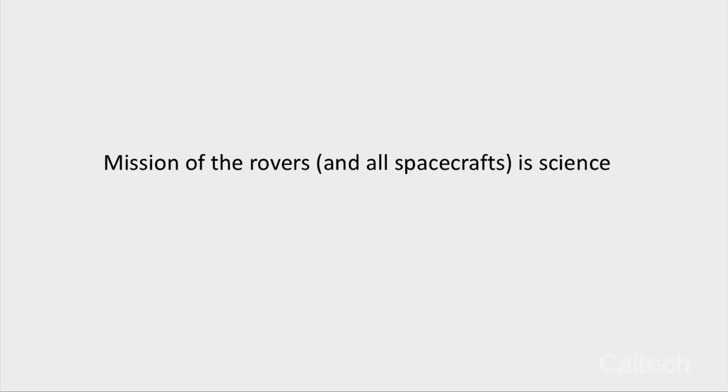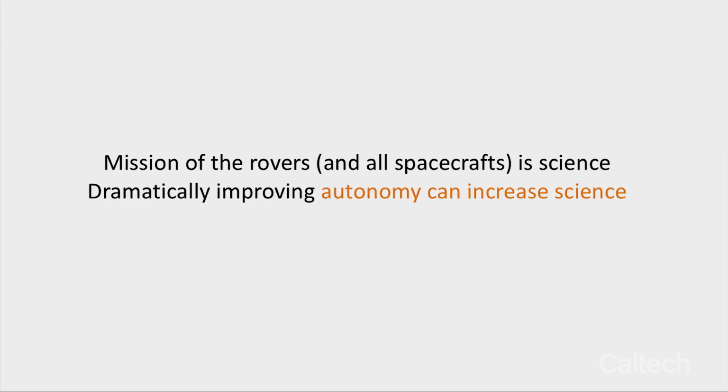So these are some of the reasons why there is a renewed interest in space autonomy. Most of these missions are for science, and improved autonomy can drastically improve the science returns that we can get from some of these missions.